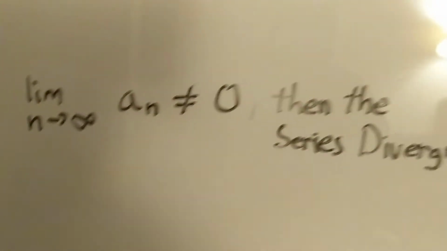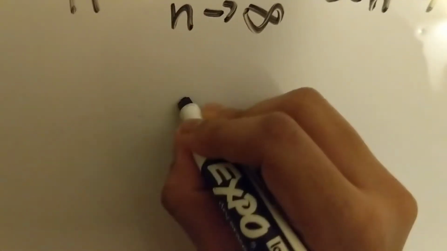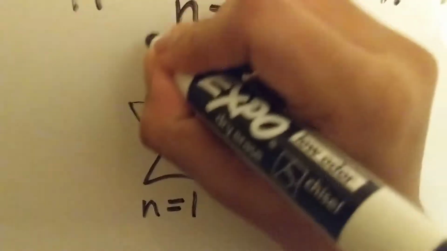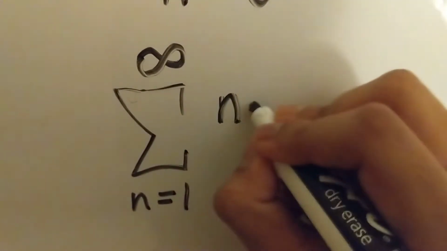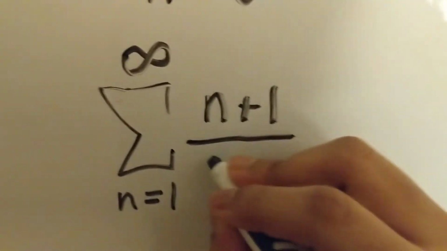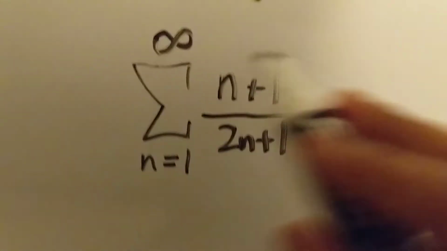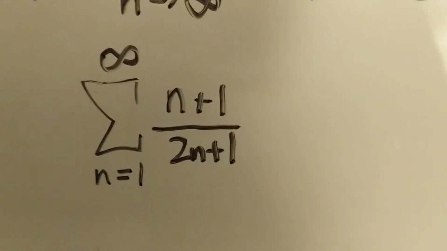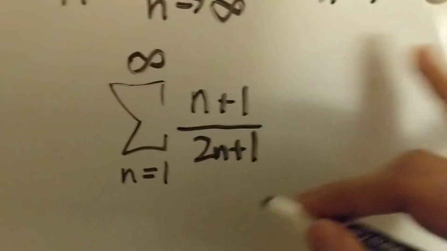So let's say we had a series, n equals 1 to infinity, and instead of a of n, let's put n plus 1 over 2n plus 1. Let's solve for the limit of it. We want to see if this diverges or not.